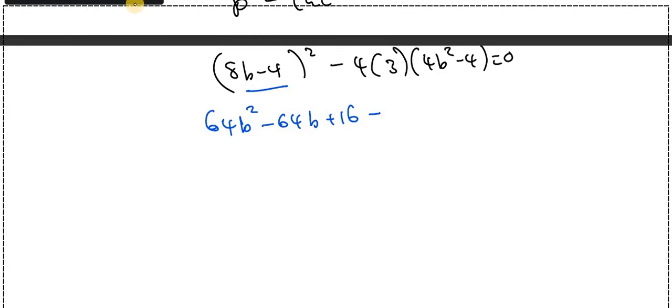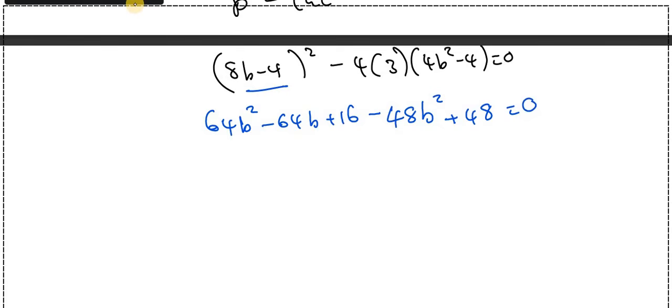This is 12 by 4. This will be 48b squared, and this will be positive. We're saying we have 12 by 4, that's also 48, is equal to 0.